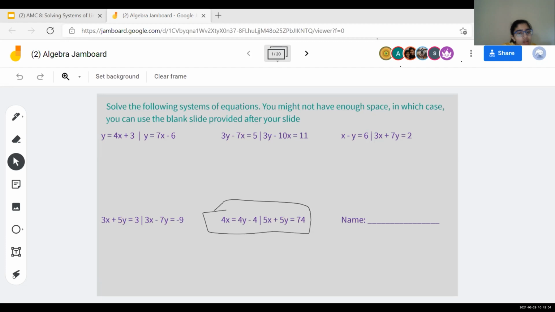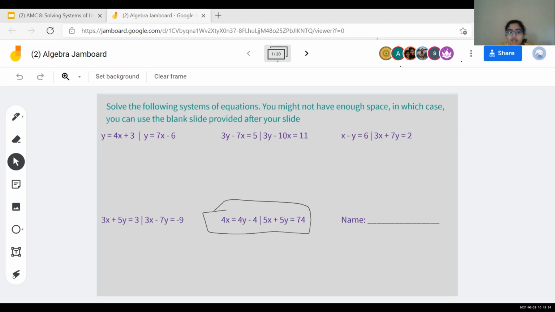Otherwise, I'm going to get 4y minus 4 equals 4y minus 4, an identity, which is something that will always be true no matter what. That would imply that there are an infinite amount of solutions, even if there aren't. So make sure you are substituting into the equation you did not get that from.